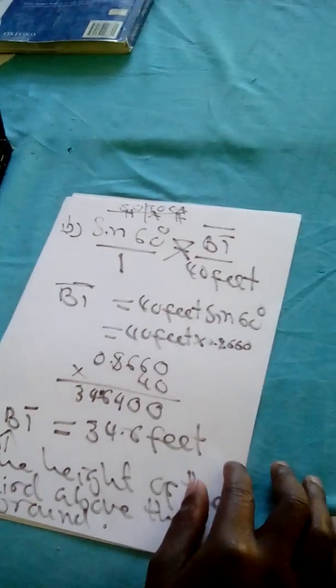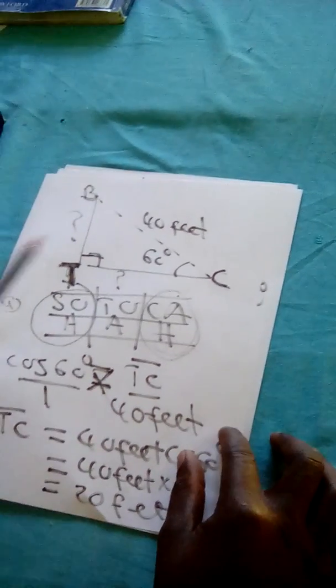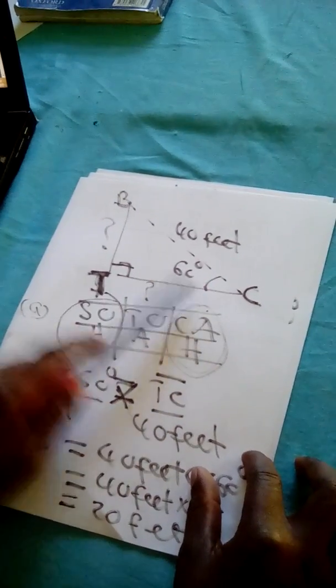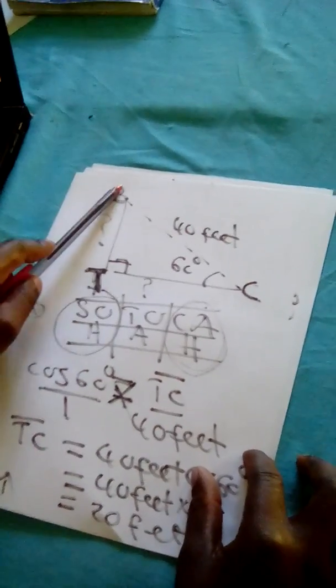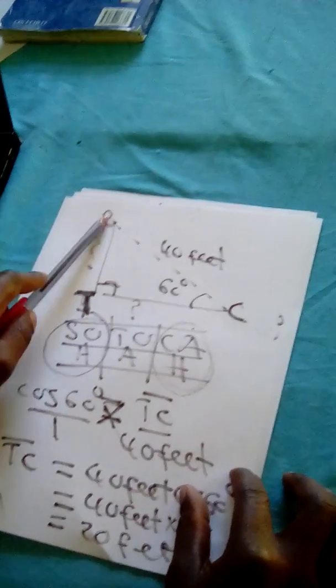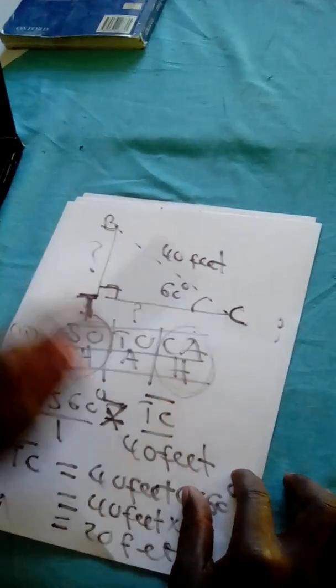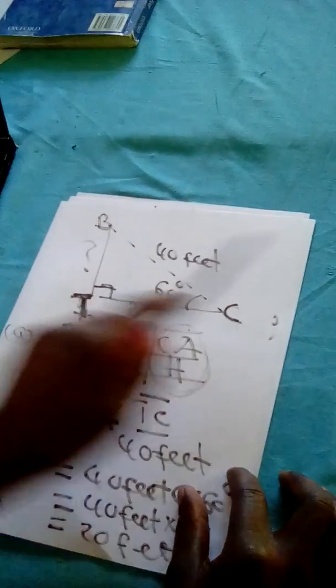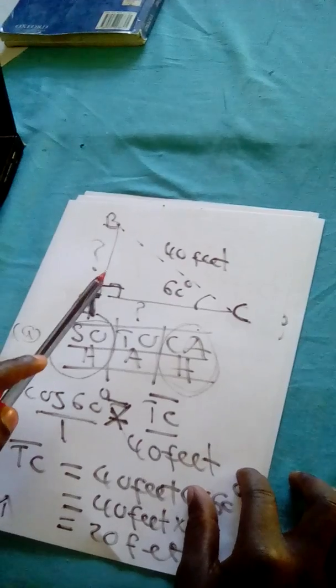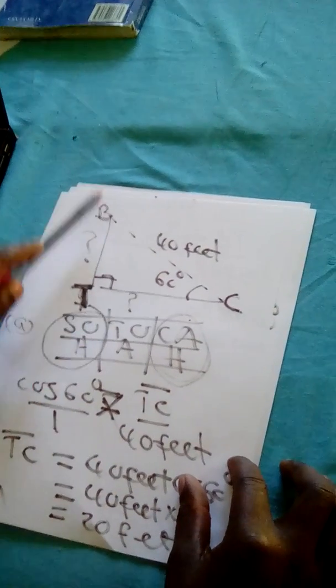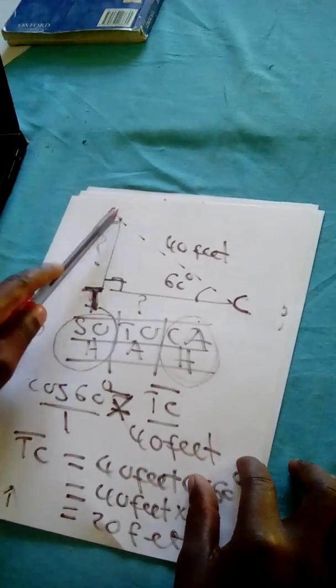It is obtained in here. This side BT is opposite, and this side is the hypotenuse. The given side whose distance is known is 40 feet. So side BT is the opposite, and this is the hypotenuse.